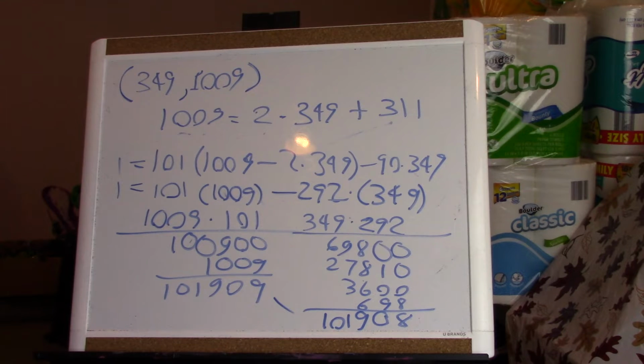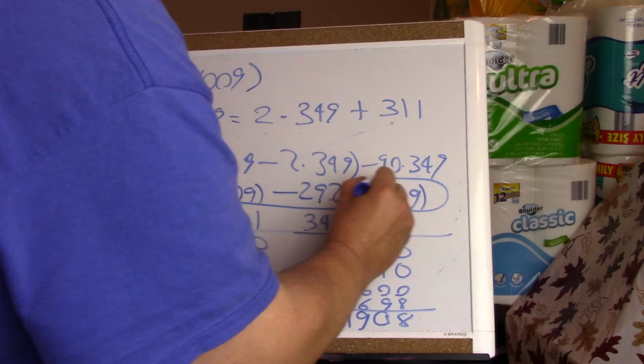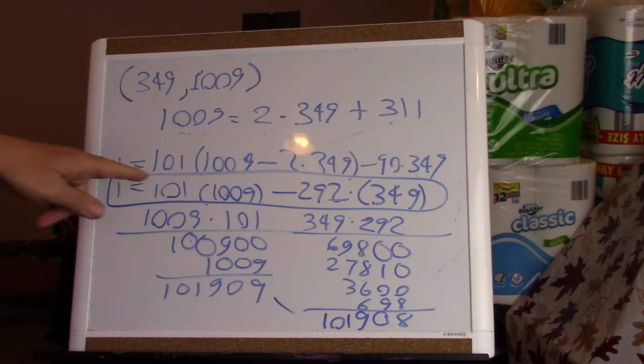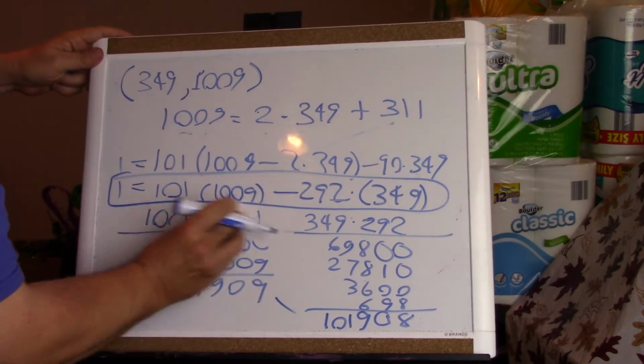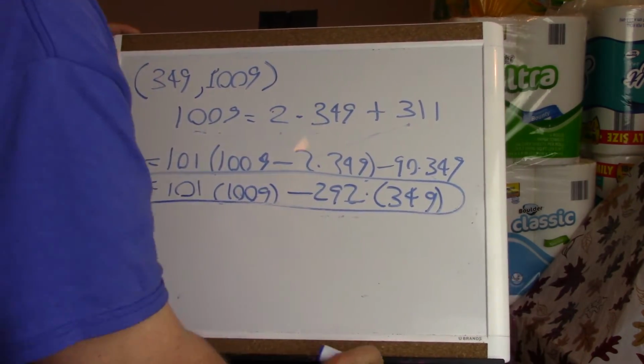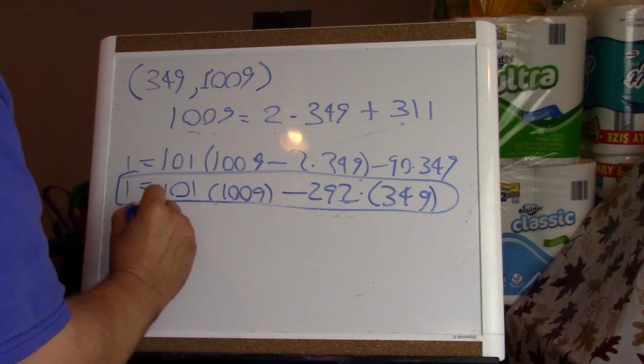And what I have is my linear Diophantine equation with these two primes. So now if I want to write a linear Diophantine equation with these two numbers, I would get something like this.